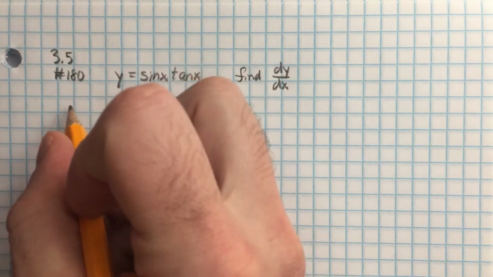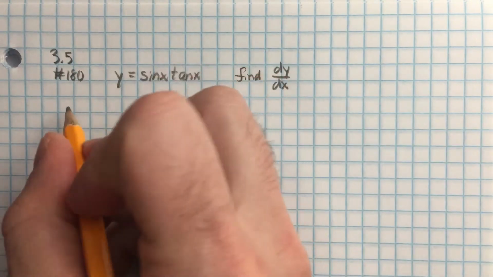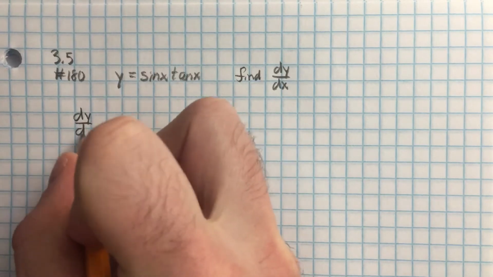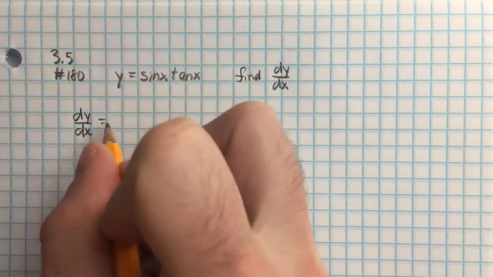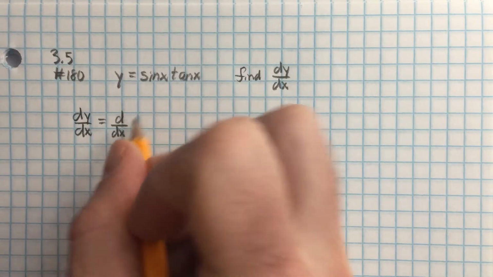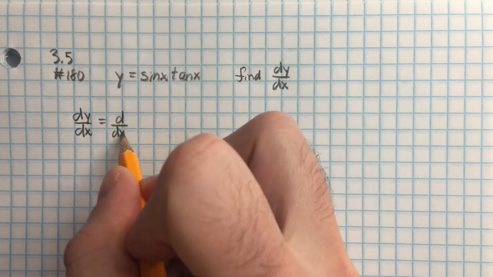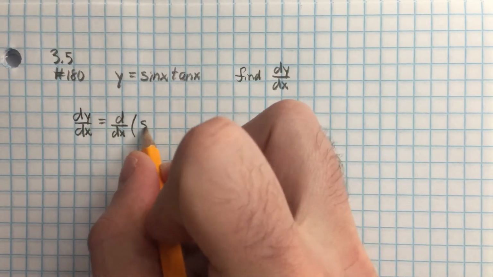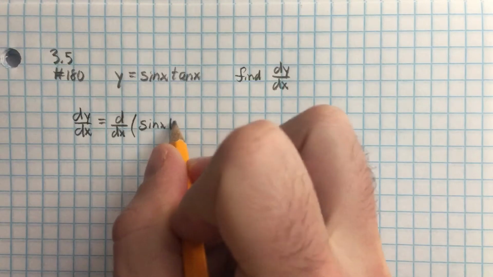So we need to find dy dx. So dy dx is, of course, just the derivative operator d dx, right? The derivative with respect to x applied to y, and y is sine x tan x.